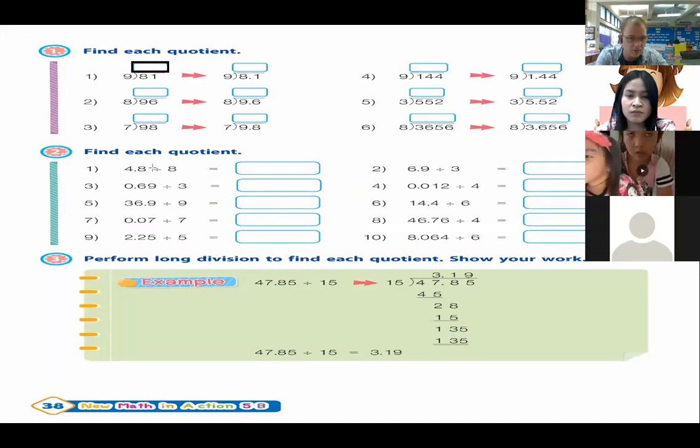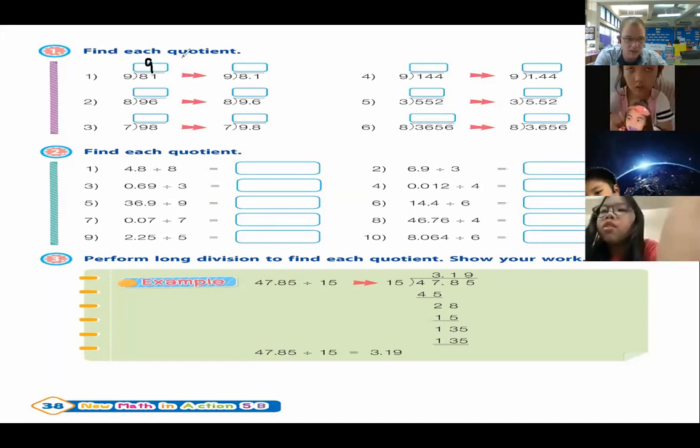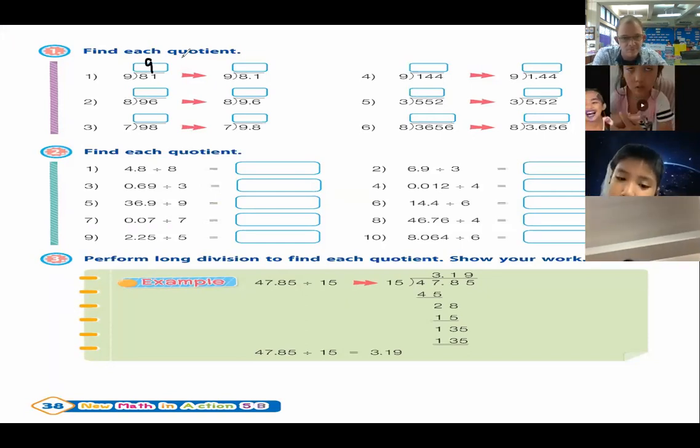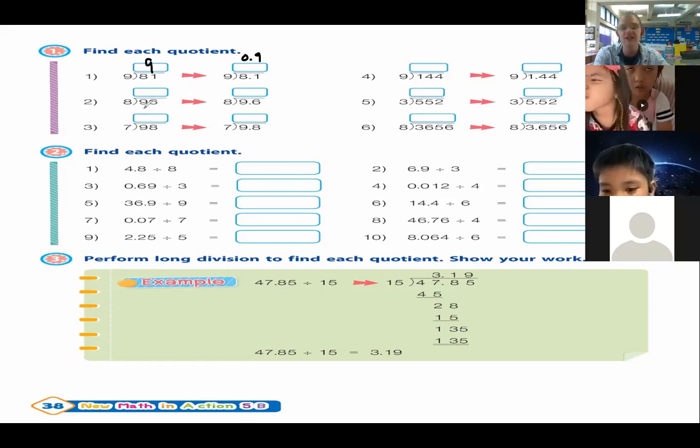So the first ones are very simple. What is 81 divided by 9? 81 divided by 9 equals 9. What is 8.1 divided by 9? 0.9. So what is 96 divided by 8?